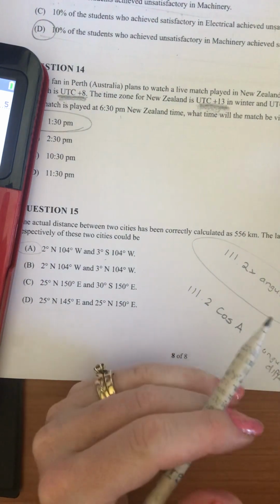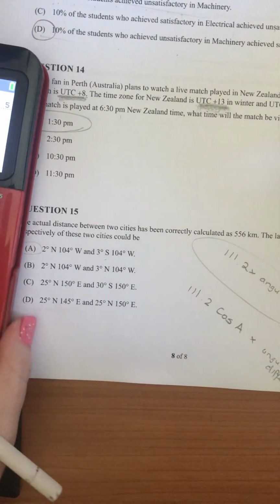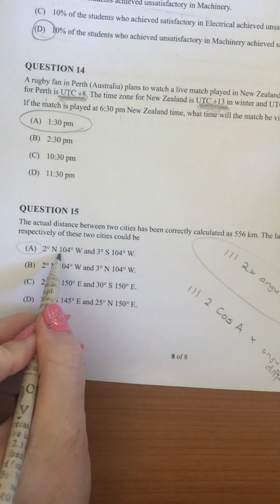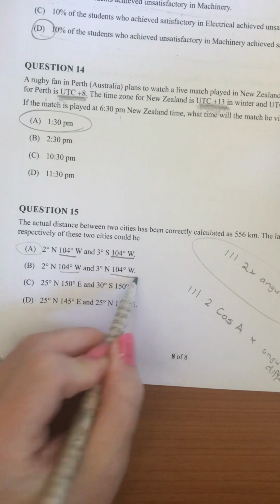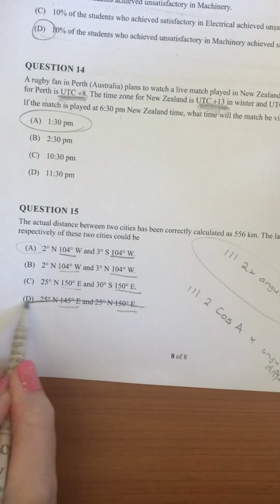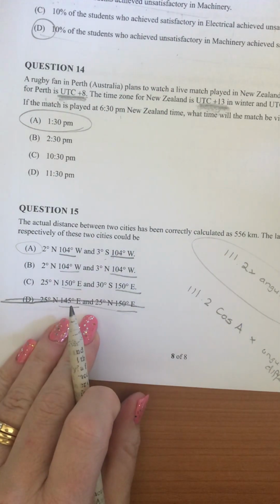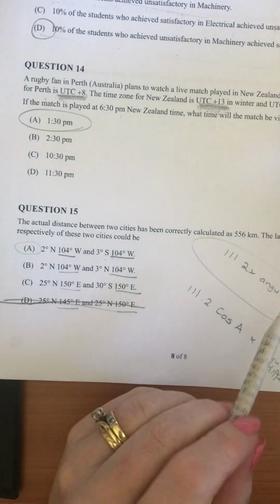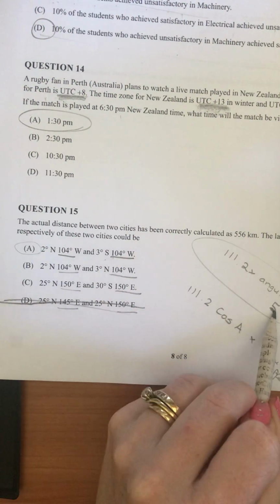So I'm looking for ones that have matching east or west numbers. So I've got 104 and 104 west, that works. 150, 150, 145, 150. So that one's out. We can automatically get rid of the D. Then if I've got a 5 when I divide by 111.2, my angular difference is going to be 5 degrees.